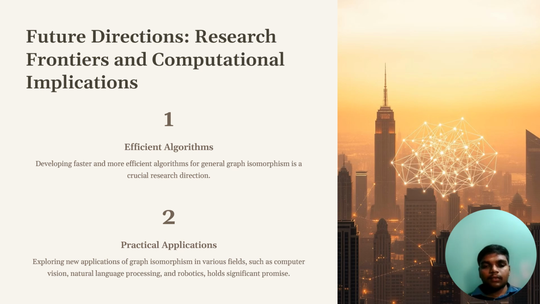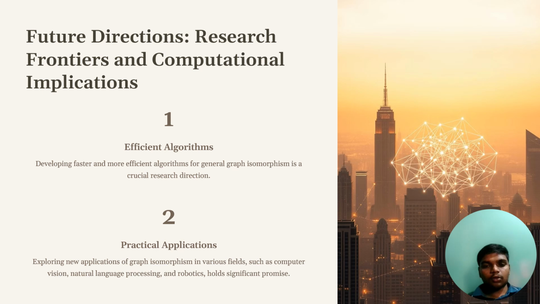Automated theorem proving: graph isomorphism helps in symbolic manipulation and reasoning, where the structure of formulas is analyzed for equivalence.